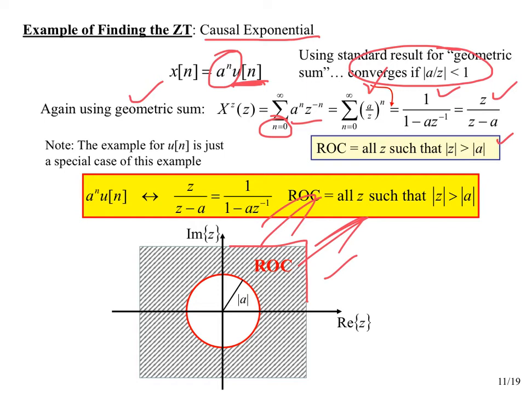So the region of convergence is everything outside a circle with a radius of magnitude of a. And so I would encourage you to compare this result to the previous result with just the unit step, which we would get for a equal to 1, and you'll see that this result is actually just a generalization of the unit step result.